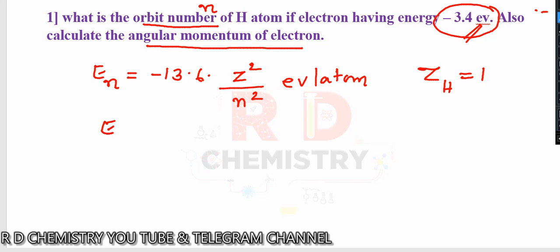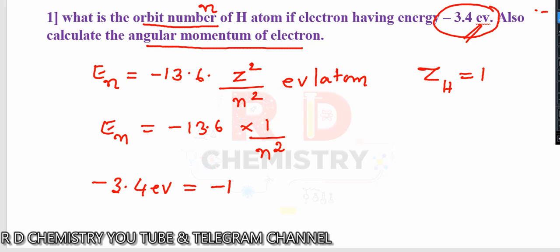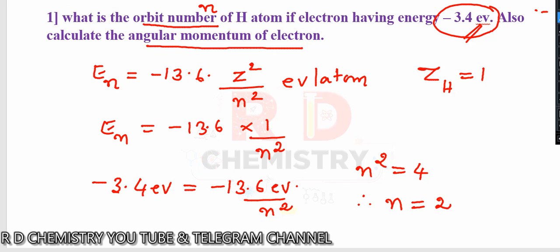So energy of the electron is equal to minus 13.6 into 1 square, which is 1, and n square we have to calculate. So minus 3.4 electron volt is equal to minus 13.6 electron volt divided by n square, and this n square is equal to 4. Therefore the orbit number, or shell number, n is equal to 2.